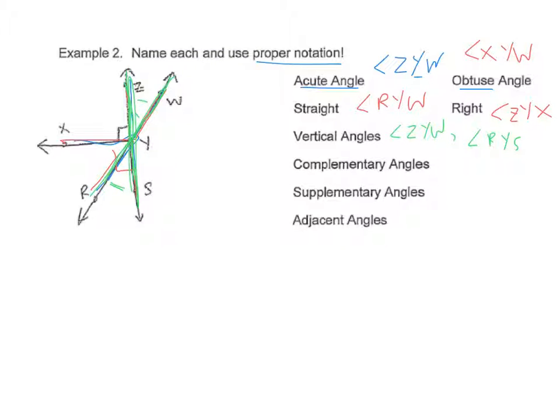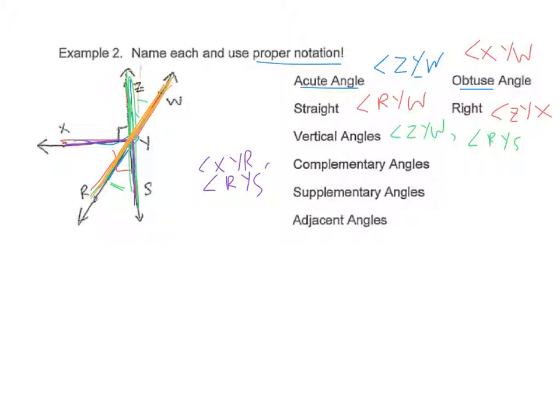Complementary angles, we're looking for two angles that add up to 90 degrees. So if I'm looking right here, this is a 90-degree angle, so it has to be angle XYR and angle RYS. They're complementary. They add up to 90. Supplementary angles, look for two angles that add up to 180 degrees, or which ones make a line. So if this is my line, there's a lot of different answers.